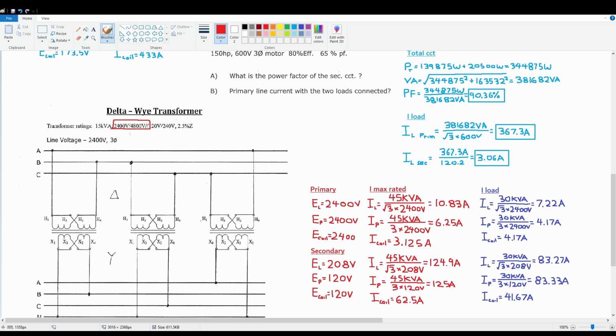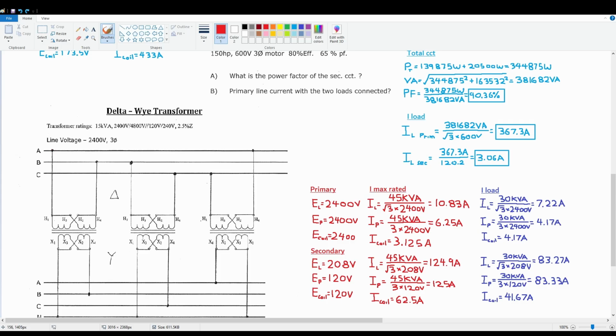If we connect it in series, we'll get 4800, and in parallel, 2400 volts. We want to connect it in parallel because 2400 volts matches our line voltage. That means we can connect it in parallel in a delta connection, because in delta, line and phase voltage stay the same. They're equal to each other.